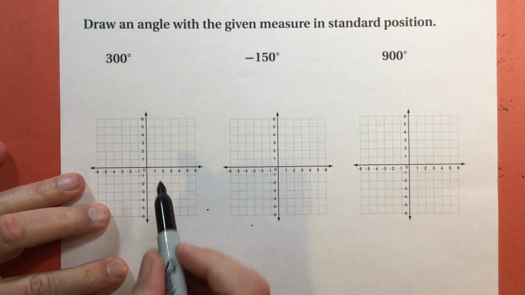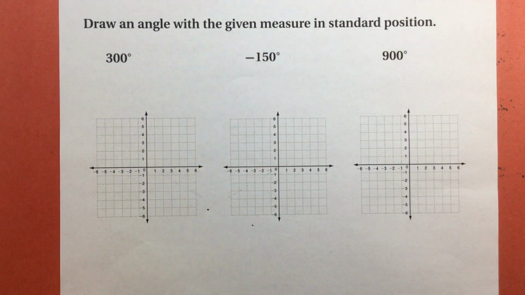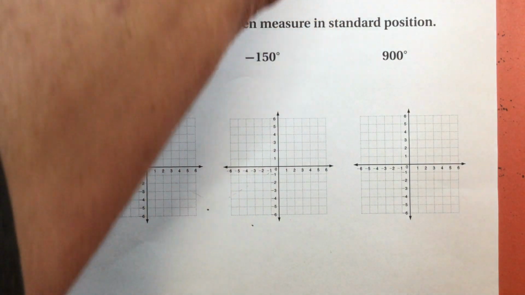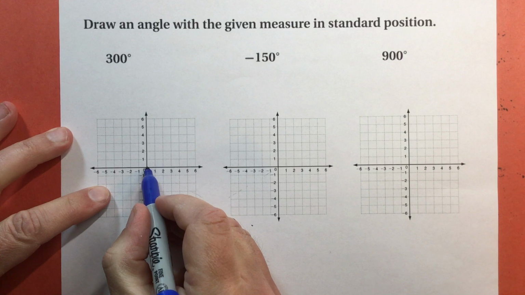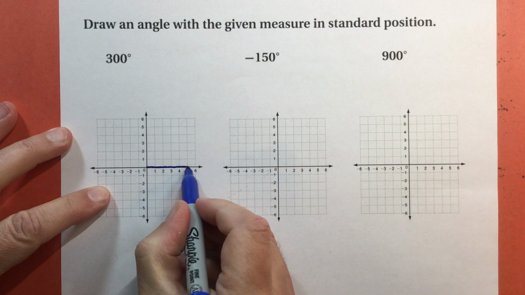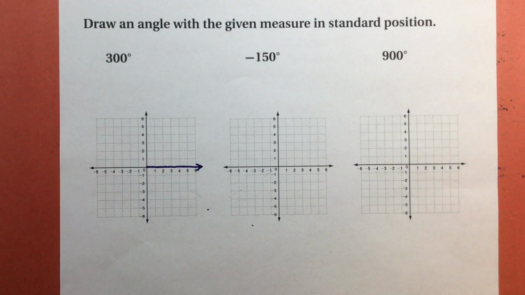So I'm going to draw my initial side, and actually I'm going to do, let me show over here. I'm going to do what the example had. I'm going to switch with blue and red. So here's my blue initial side. My vertex is at the origin at 0, 0.